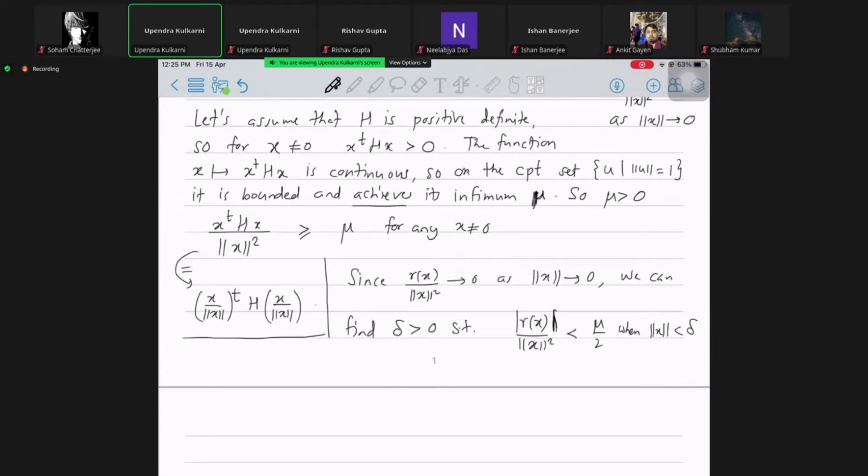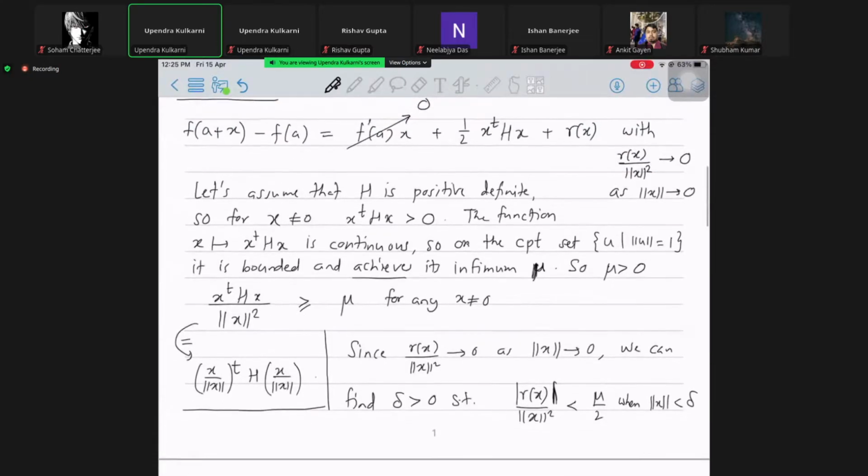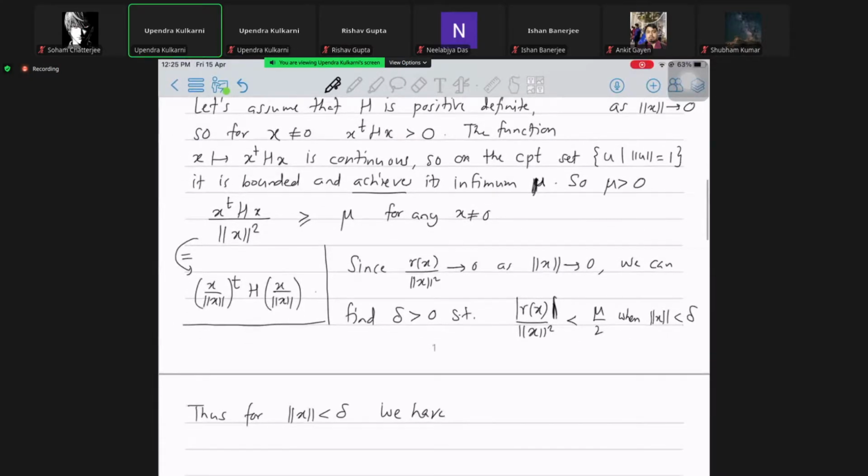So as a result, what happens? Thus, whenever norm of x is less than delta, what do we get? We have f of a plus x minus f of a. Remember, which is equal to what quantity?